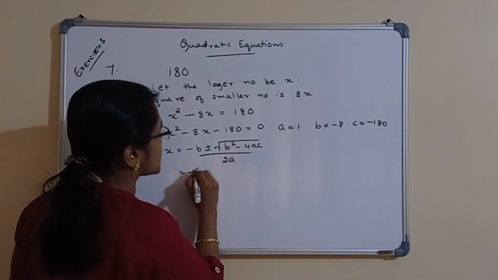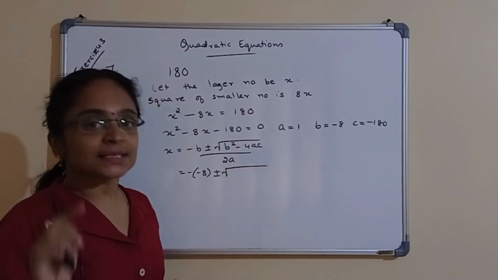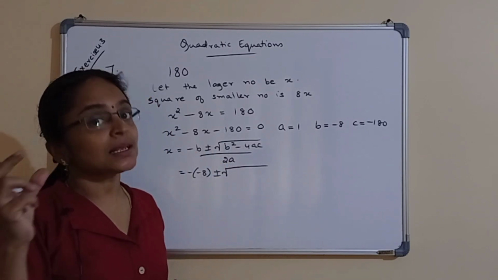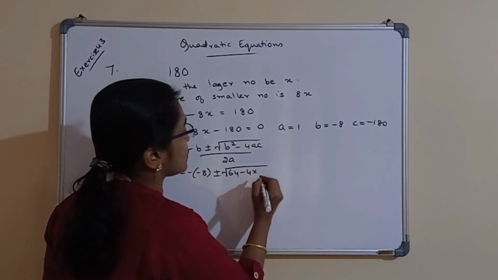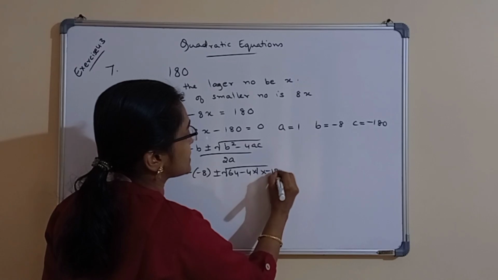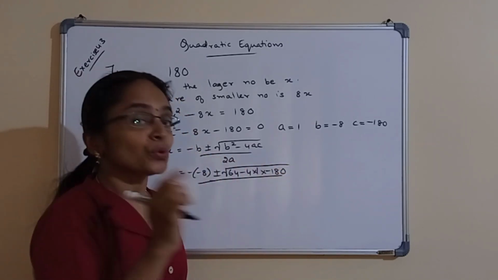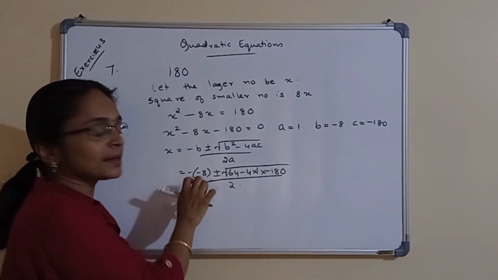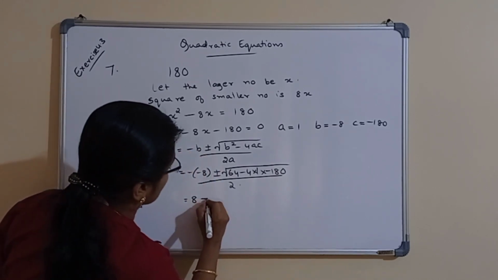Minus b is minus of minus 8, plus or minus root of b square, which is minus 8 the whole square, minus into minus is plus and 8 square is 64, minus 4 into a is 1 into c is minus 180, by 2a, 2 into 1.